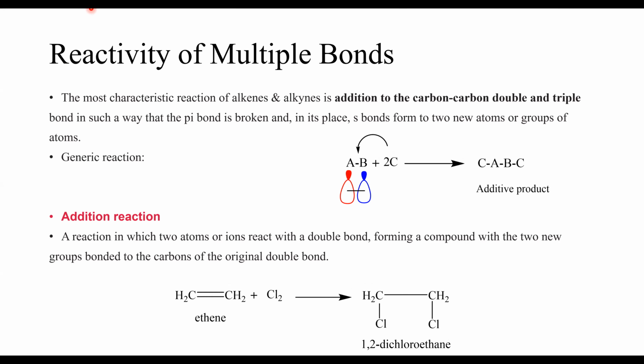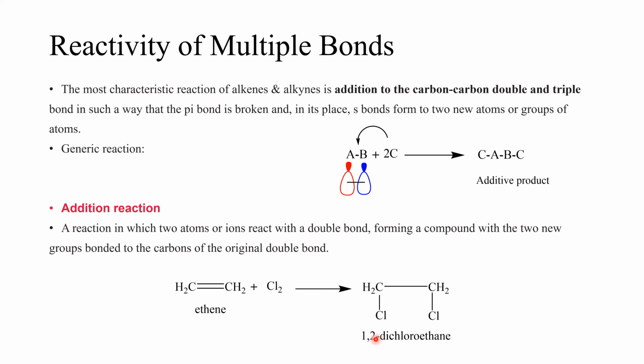So in that equation, you can see that the product is 1,2-dichloroethane, right? What happened is that this Cl has added to this carbon, and one Cl has made a sigma bond with the C, right? So the product is 1,2-dichloroethane, and the class of the compound is called haloalkanes, right?